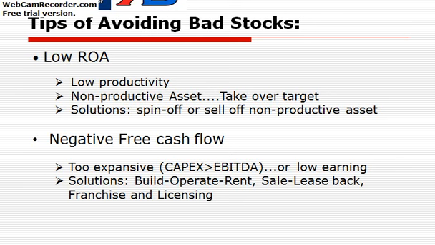What causes negative free cash flow is being too expensive in terms of capital invested. Capital invested, or capex, may be higher than EBITDA, earnings before interest, tax, depreciation, and amortization, or basically low earnings, low profitability.